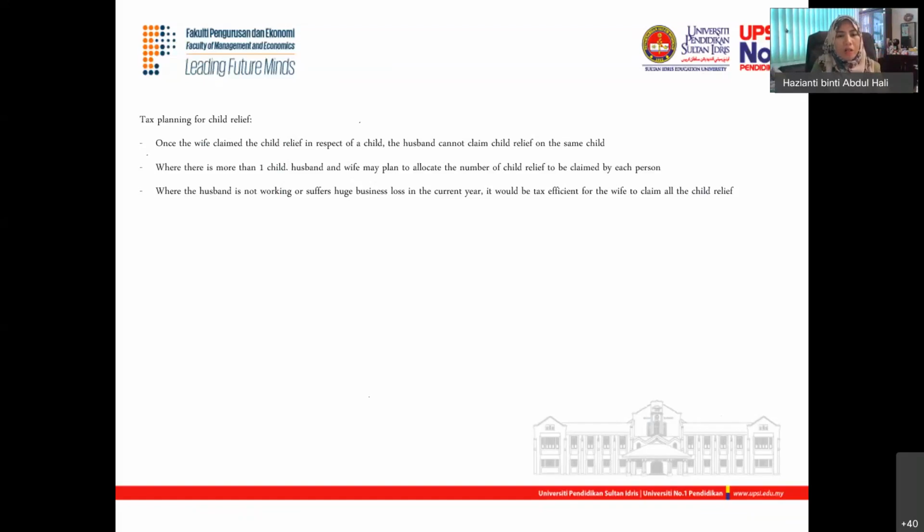Kalau orang ni tak ambil anak, refund dia jadi berapa. So boleh calculate dekat situ. And katakanlah the husband tu tak ada income, so biasanya the wife tu boleh claim semualah. Kalau tengok ayat dekat bawah ni, not working or suffer huge business loss in the current year. So tax efficient for the wife to claim all the child relief.